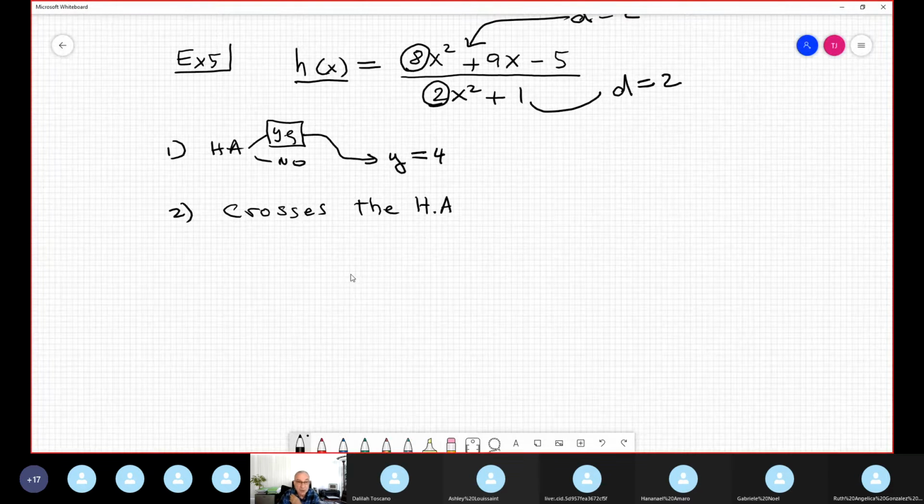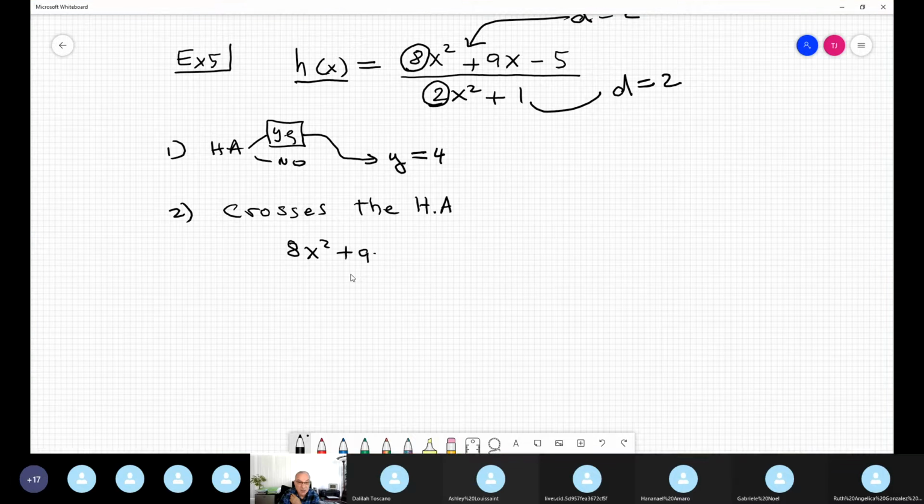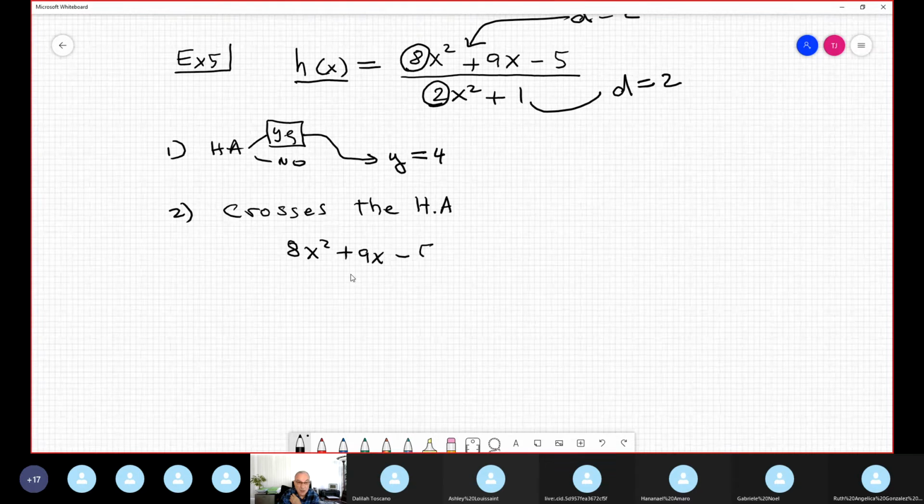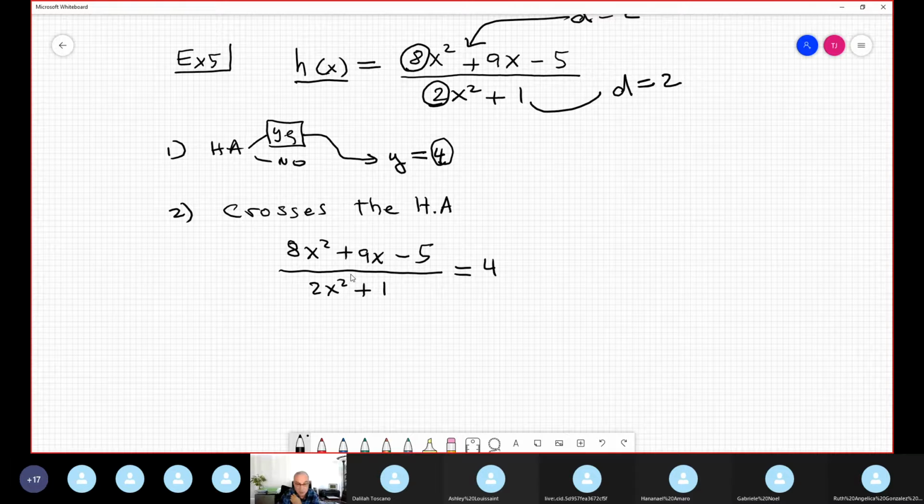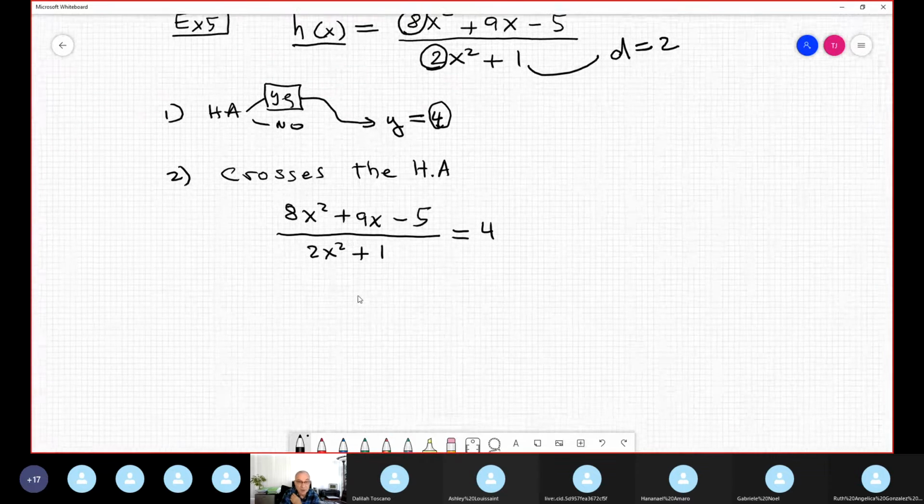What is the way? Well, you copy the function, exactly the same, and you enforce it algebraically to be equal to 4. Because I want to determine if it's possible or impossible that this curve crosses 4, our horizontal. In that moment we have an equation.